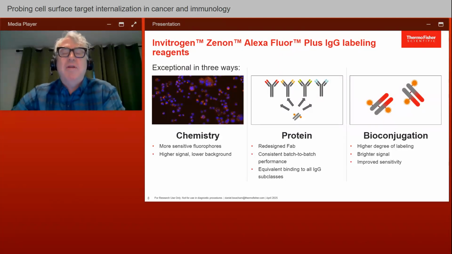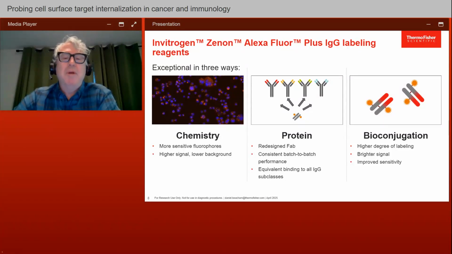And as xenons, really, that's just the name of the product line we give to our fab fragments. And so we keep really careful control of the fab fragments, and so there's a reproducibility factor. Of course, they can be labeled with any of our dyes and aimed at any primary antibody. And then, of course, all the improvements in dyes we've made of recent with the Alexa Fluor Plus and so forth.